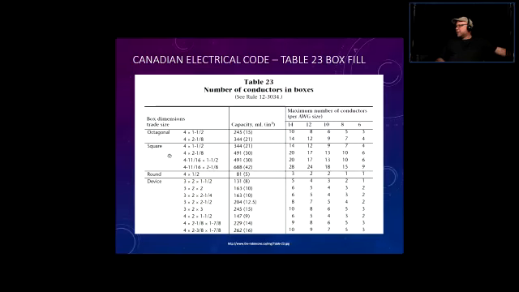All right. Now, so here we have the sizes in inches. All right. Now the capacity of the box in milliliters, and in brackets we have cubic inches, not square inches, cubic inches. And maximum number of conductors per gauge.